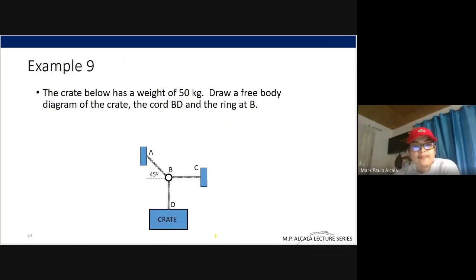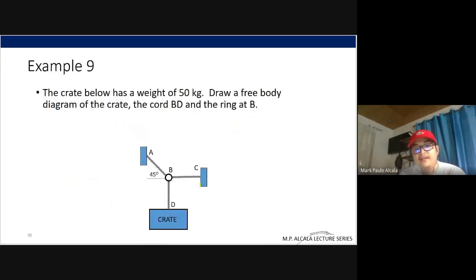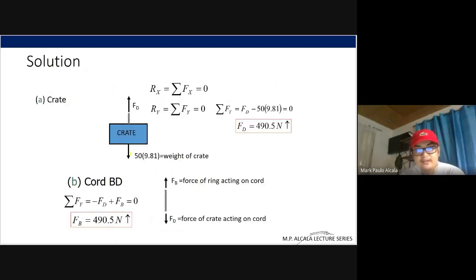Like this one. We have here a crate weighing 50 kilograms. So in order for you to identify the weight, 50 times 9.81. Draw a free body diagram of the crate, the cord BD, and the ring at B. So you can get here our focal point to be the crate and then the ring B. In the case of the crate, the sum of forces along the x-axis is 0.